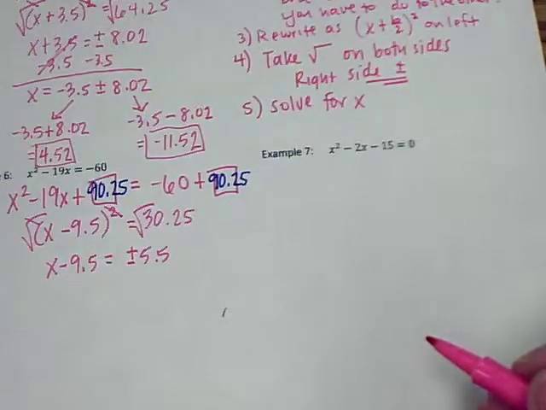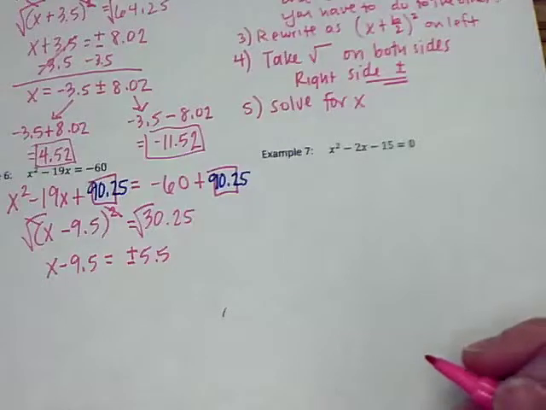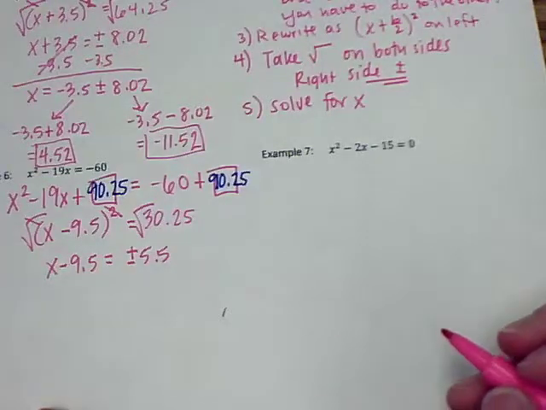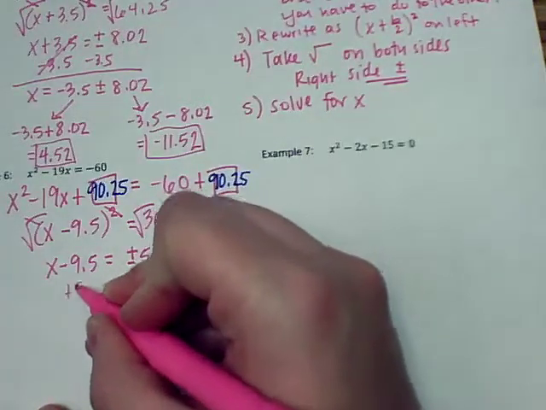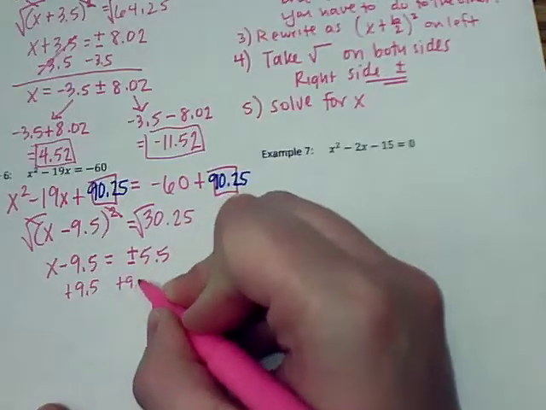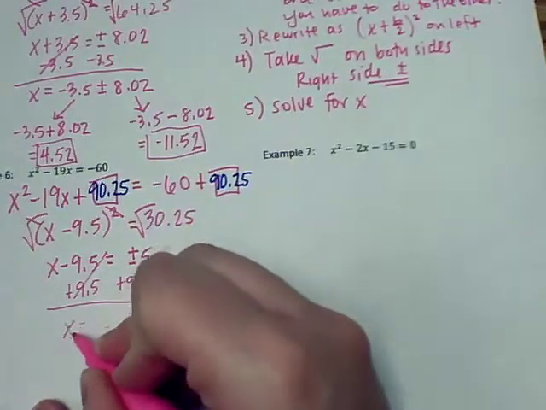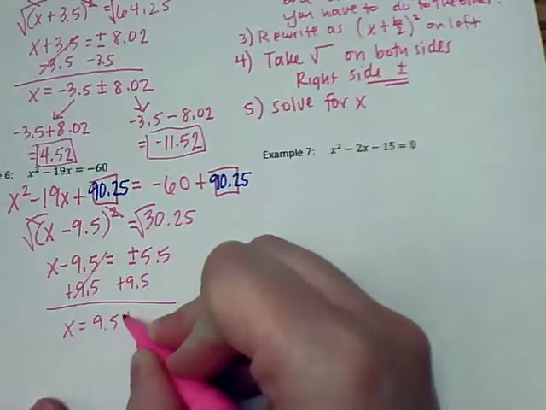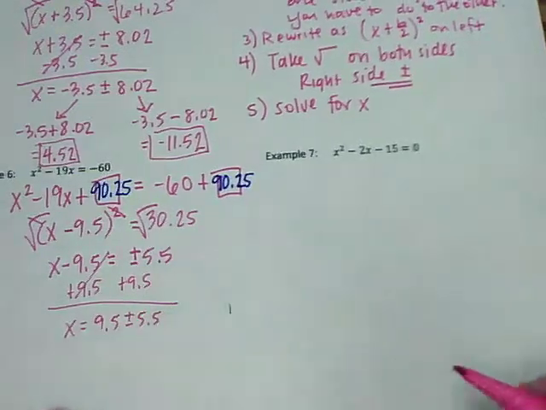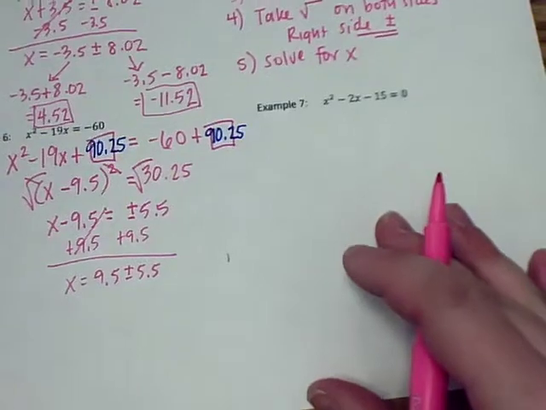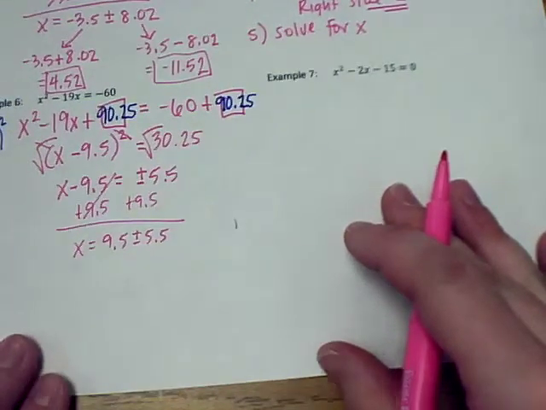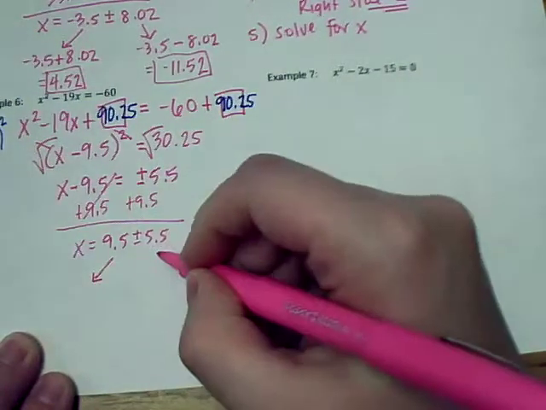And then solve for x is the very last step. In order to solve for x, I need to get x by itself, so we need to add 9.5 to both sides. So x equals 9.5 plus or minus 5.5. Once you have it in this setup, you find the positive and find the negative.